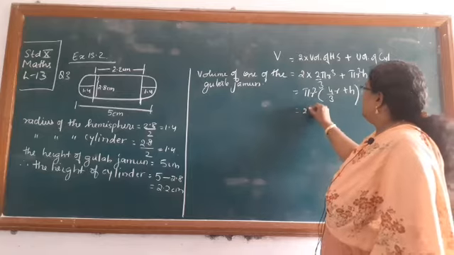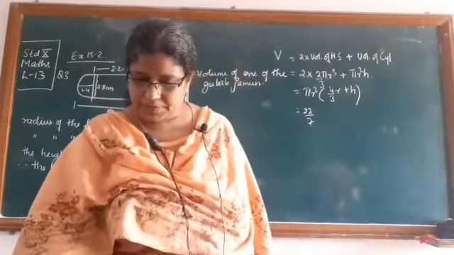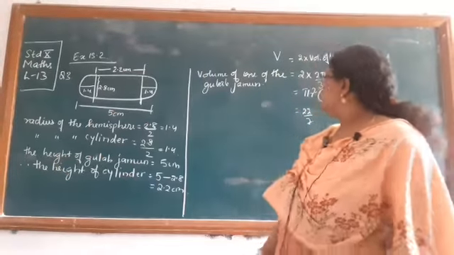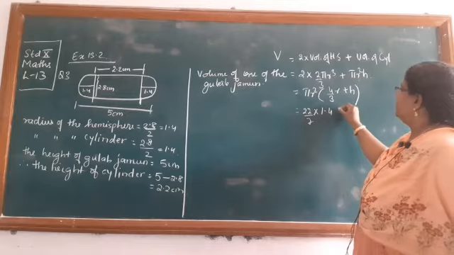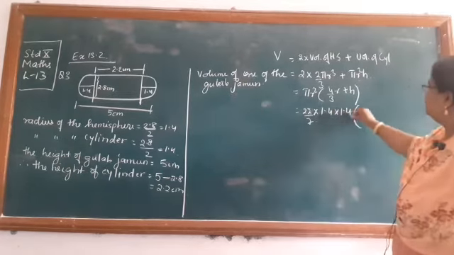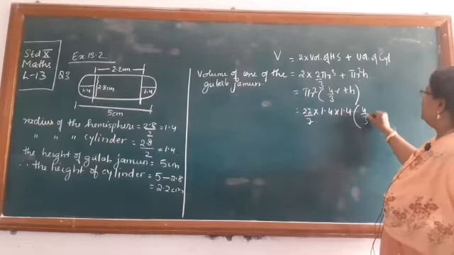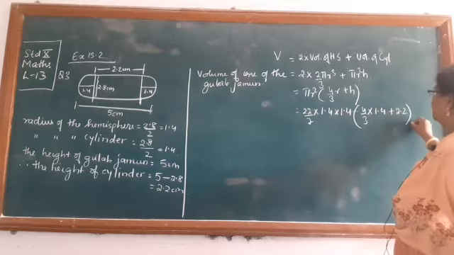Pi we will take as 22 by 7, or is it mentioned what should be taken as pi? No, it is not mentioned, so we will take it as 22 by 7 into r squared, which is 1.4 into 1.4, into 4 by 3 into 1.4 plus 2.2.